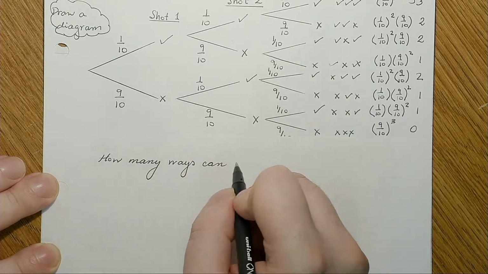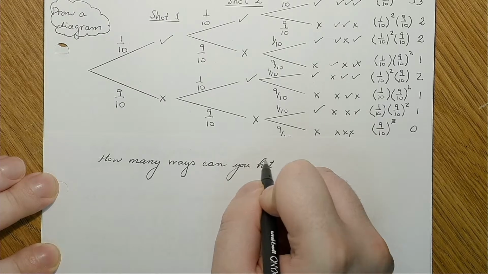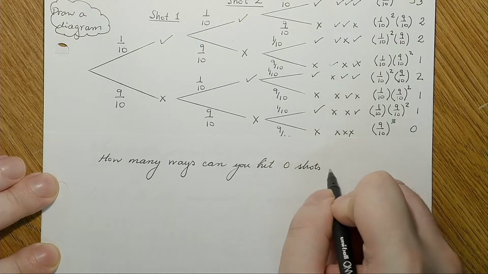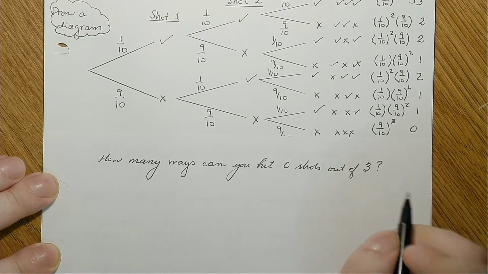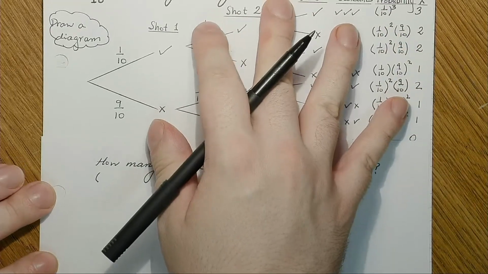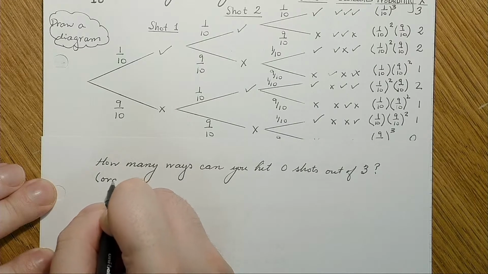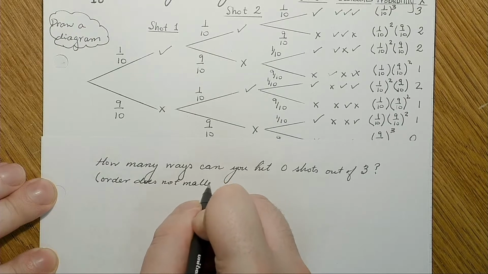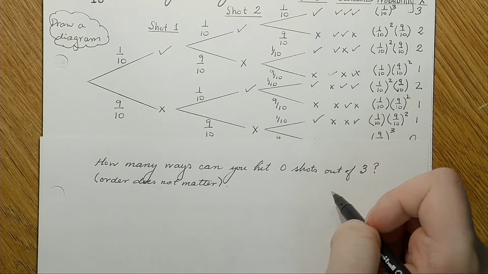So how many ways can you hit 0 shots out of 3? And again, if you notice, when we're looking at the random variable, we don't really care about the order of the outcomes. So order does not matter. How many ways can you hit 0 targets or 0 shots out of 3?